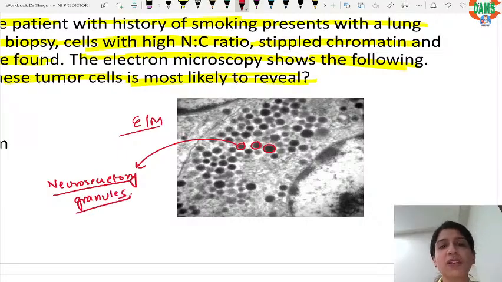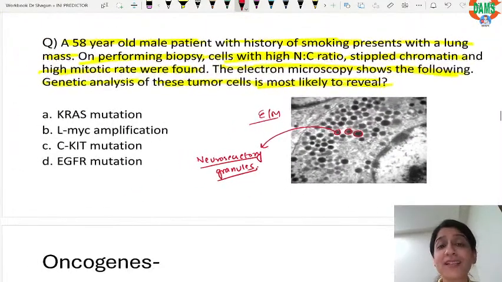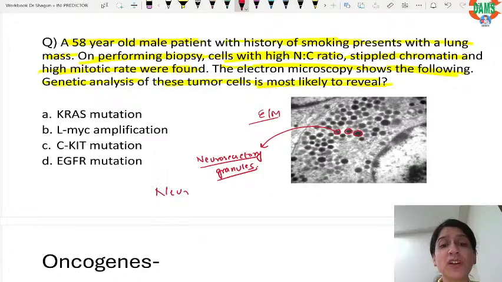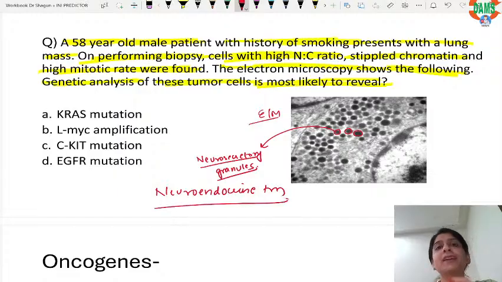That means I am dealing with a neuroendocrine tumor here, and the important neuroendocrine tumor of the lung, with a history of smoking, with high NC ratio, salt and pepper, stippled chromatin, a very aggressive tumor with a high mitotic rate.